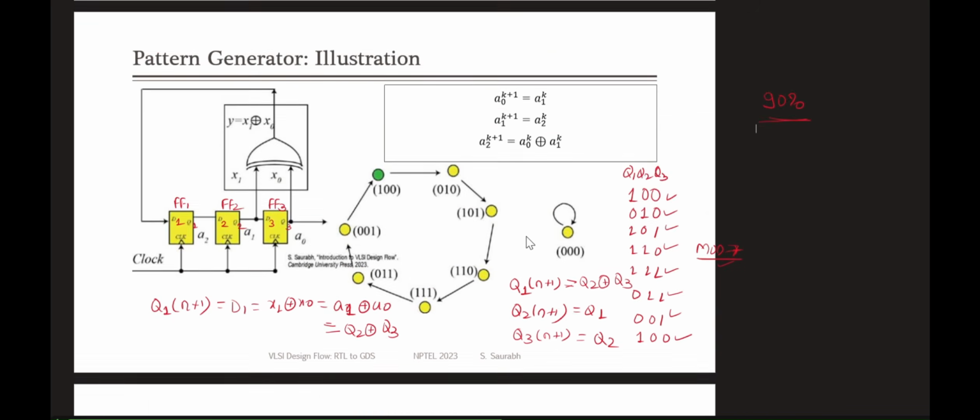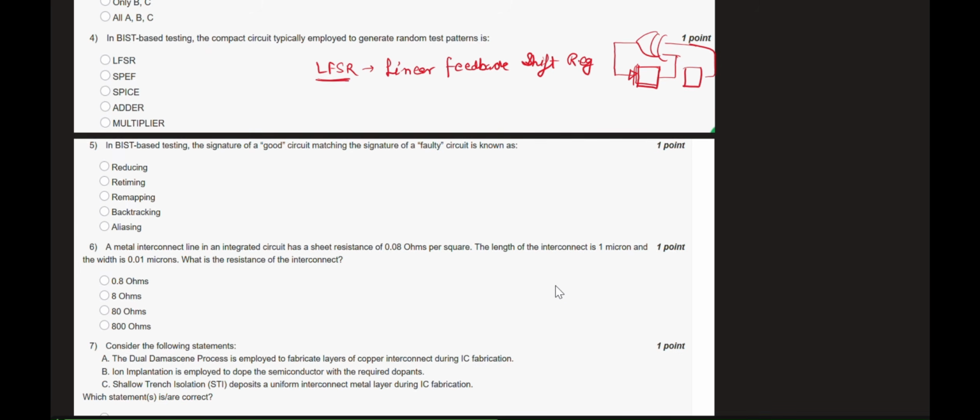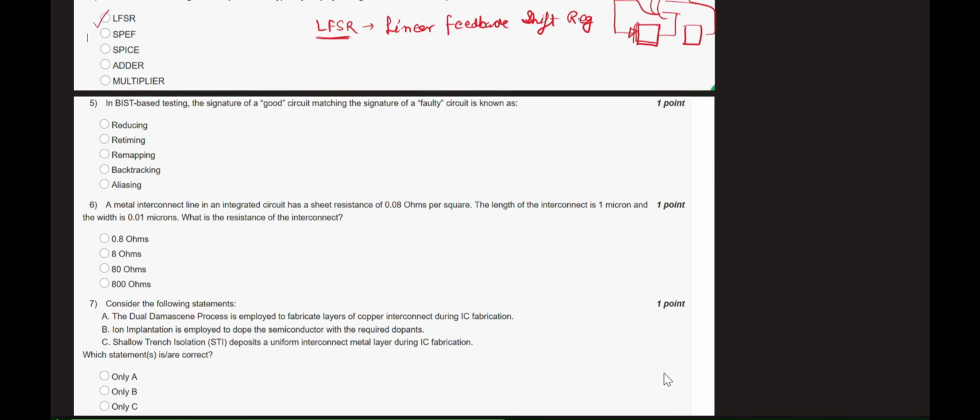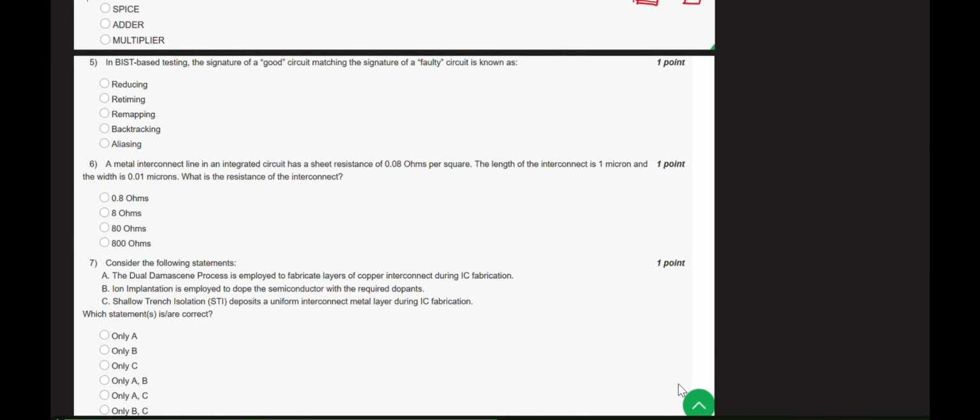So this is the whole idea of LFSR. Again, quickly moving to our question, I hope this is clear now. In BIST based testing, the compact circuit typically employed to generate pseudo random patterns is LFSR, linear feedback shift register. Now moving on to the fifth question.